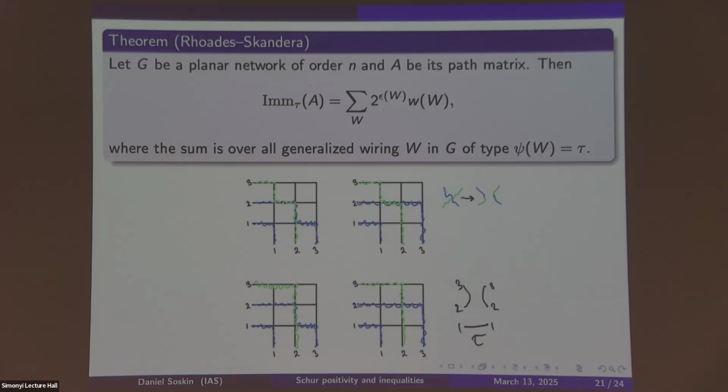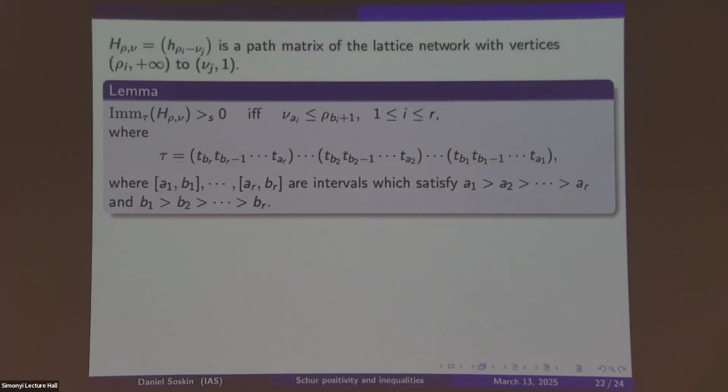If you have at least one path family, then the immanant is strictly positive. If you don't have such a path family, then it is equal to 0. And we can understand when we don't have any path family resolving in a fixed Kauffman type tau: we have such a system of inequalities on rho and nu, which gives me a fixed Jacobi-Trudi matrix.